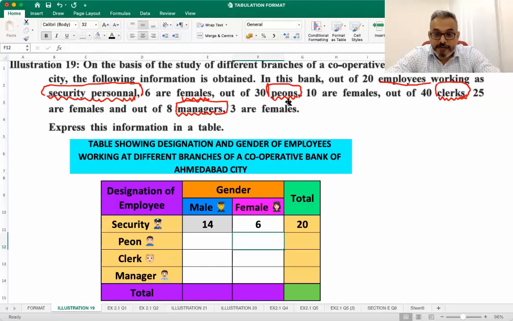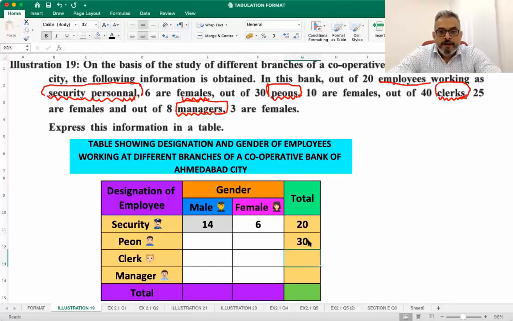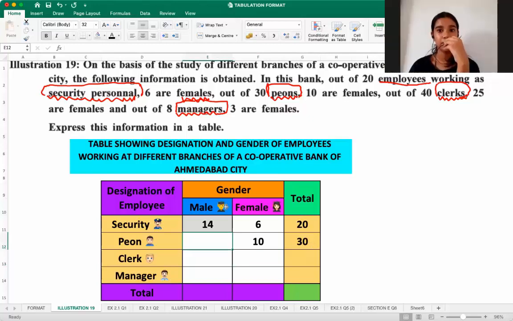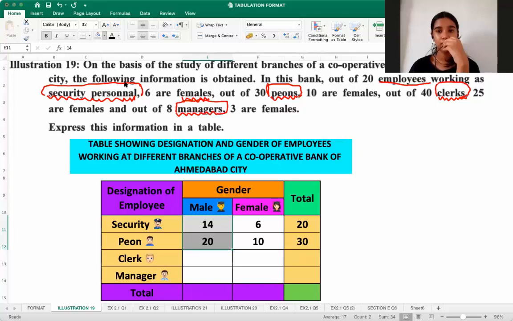Out of 30 peons, 10 are females. So peon total, how many? Total peon 30. So I write 30 over here. 10 are females. So how many are males? 20. Very good. Then let me use some brighter color.